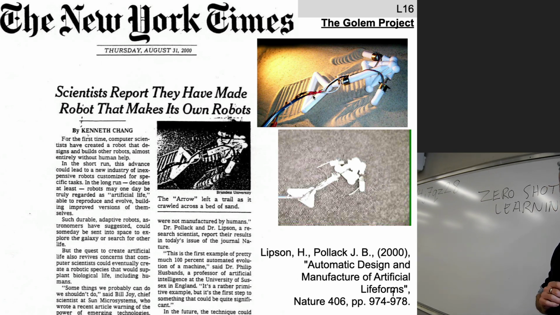Have a careful look at the body of the robot. Who built this robot? How was it built? This robot was not built by any person, it was built by a machine.